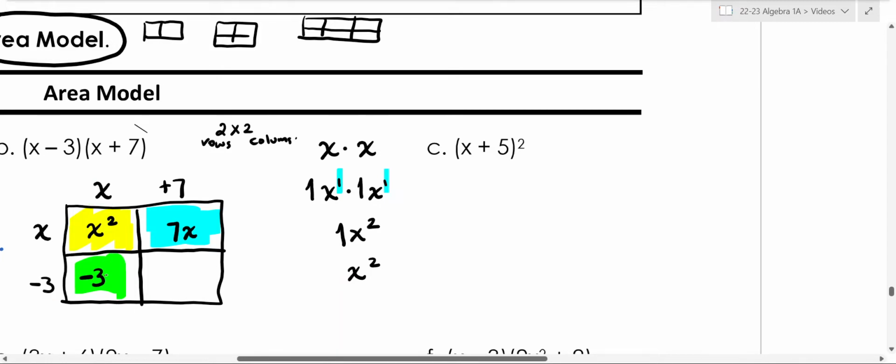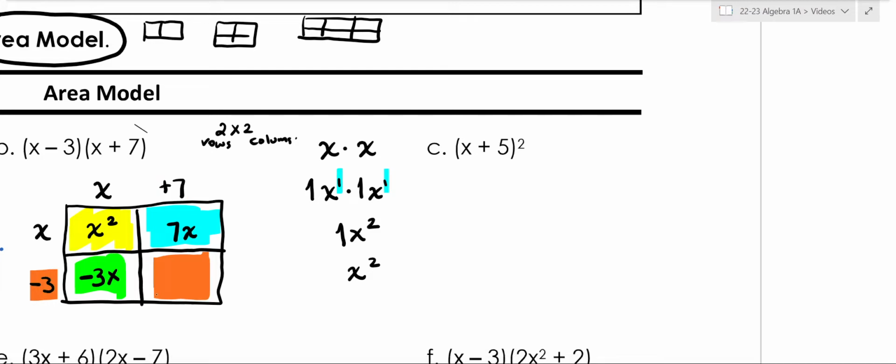Oh, I'm so sorry. Negative 3x, okay? My bad. Got stuck reading that. See, there's only a single x. Negative 3 doesn't have an x, so it's just negative 3x. And then the last one, this one, is going to come from the negative 3 and the 7. So what's negative 3 times 7 is going to be negative 21, correct?